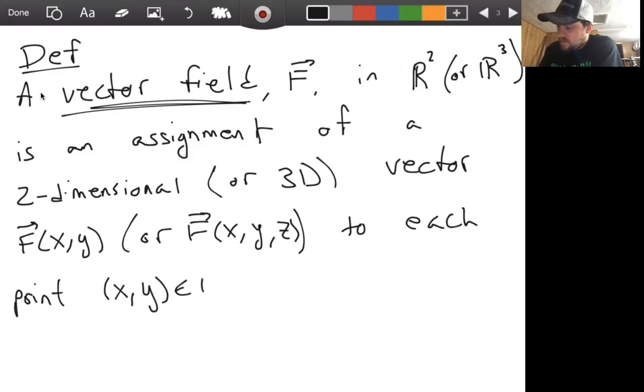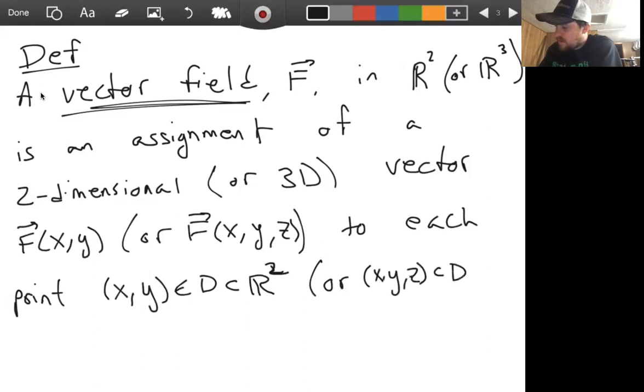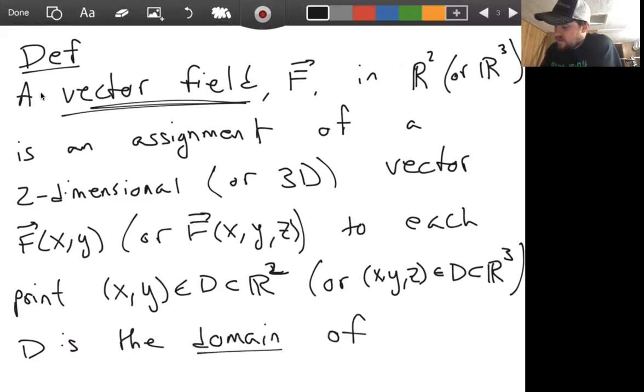That's going to be an element of some domain, which in the two-dimensional case will be a subset of R2, right? In the three-dimensional case, x, y, z is an element of some domain that's a subset of three-dimensional space, right? And then here we say D is the domain of F.